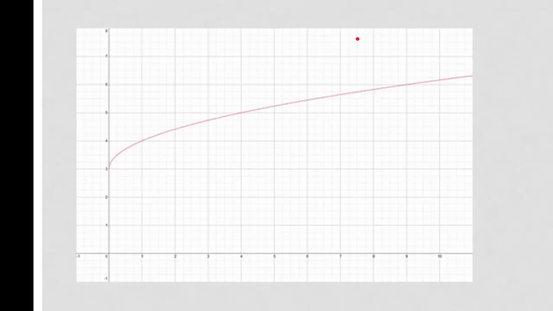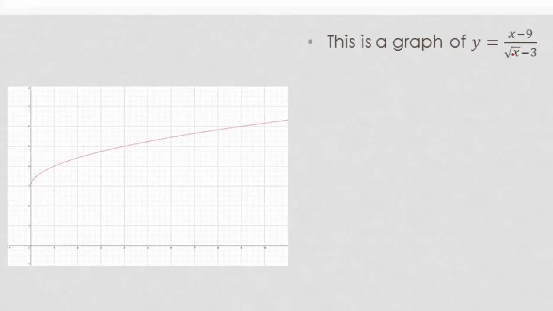One of the things you want to keep an eye on is the domain of this function. If you notice, I've asked you to find the limit as x approaches 9. If you try to plug 9 into this, you're going to have a problem. You're going to get a 0 in your denominator. And what that means is that on this graph, there should be a hole sitting here, but you can't see it.